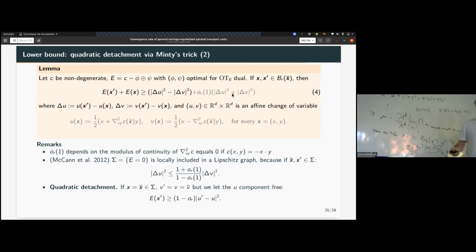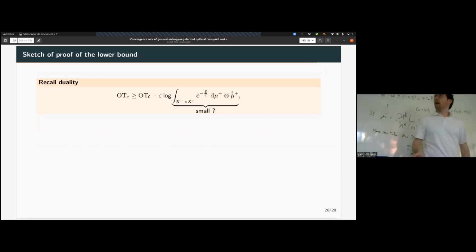But it tells you more, because if you consider, for example, the point x in the contact set, so this is 0, and you consider points which have the same v components, delta v equals 0, but you lift the u component as you want, you get this lower bound: the energy at x prime is bigger than, let's say, almost 1 times (u prime minus u) squared, and you detach quadratically in the u coordinates. Just very, very easy. And you just plug this estimate into this integral.